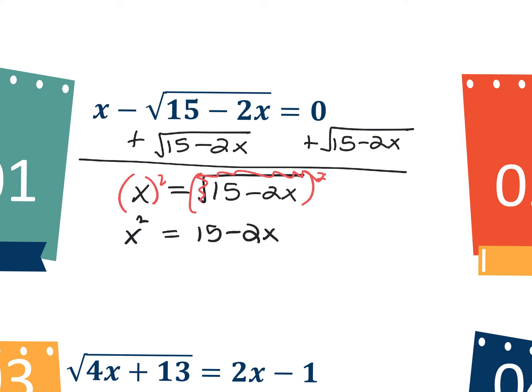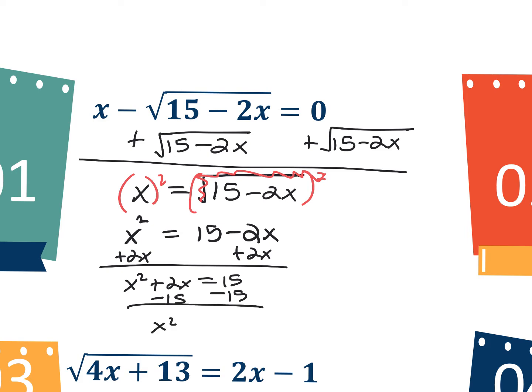I need to get it into standard form, and then it's going to turn into something that I can factor. So I'm going to add the 2x. x squared plus 2x equals 15. Move the 15. x squared plus 2x minus 15 equals 0.